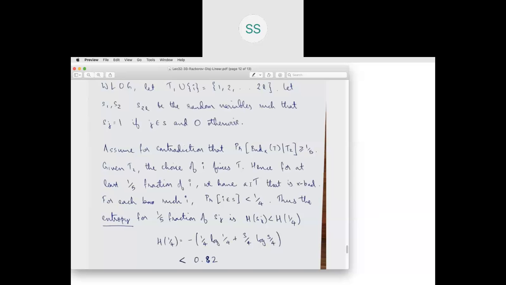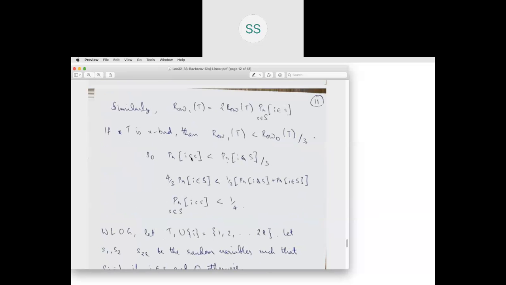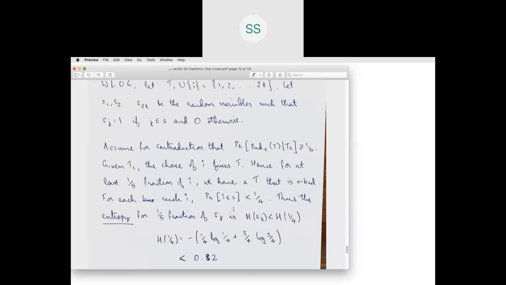Bad X T is equal to 1 for 1/5 of the choices. And for such I, we have already seen that if T is X bad, the probability that I is in S is at most 1/4. So for at least a 1/5 fraction of I, we have a T that is X bad, and for those I, the probability that I is in S is at most 1/4. Okay, so that's all we need.